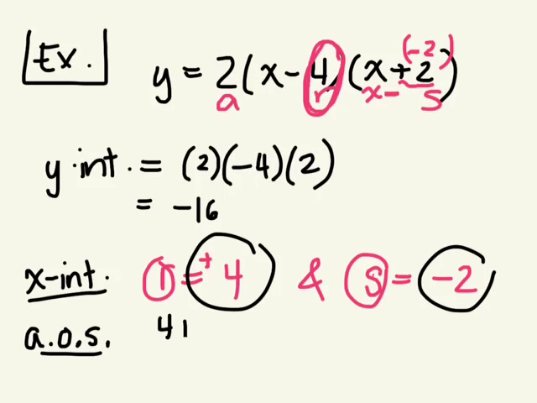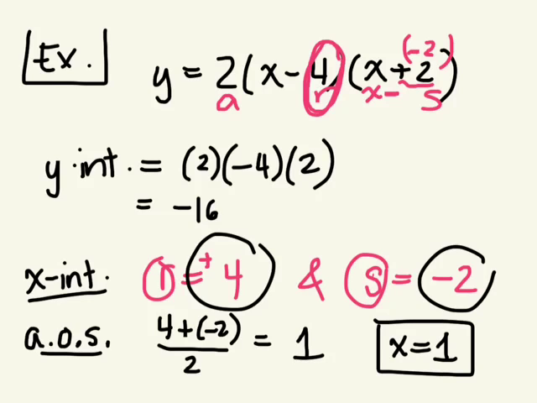So 4 plus -2 divided by 2. 4 plus -2 is 2, divided by 2. The axis of symmetry is 1. So the middle of the parabola is located at x equals 1.